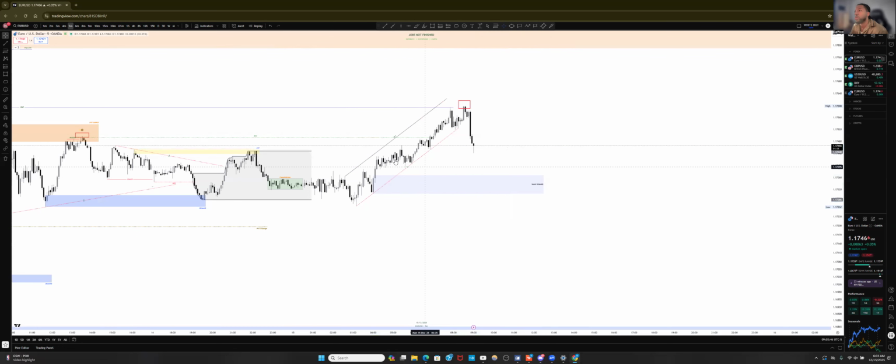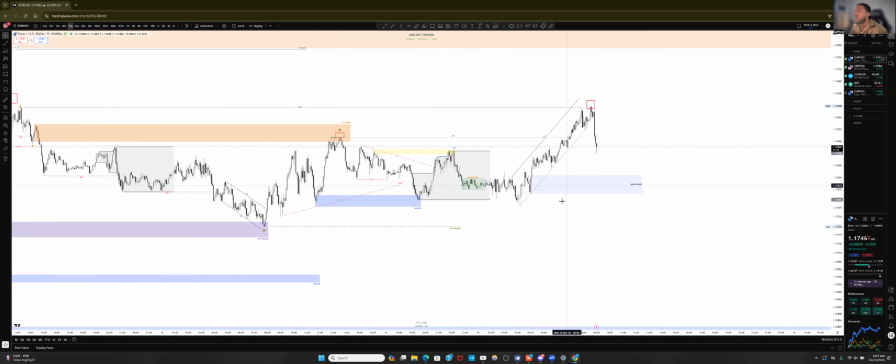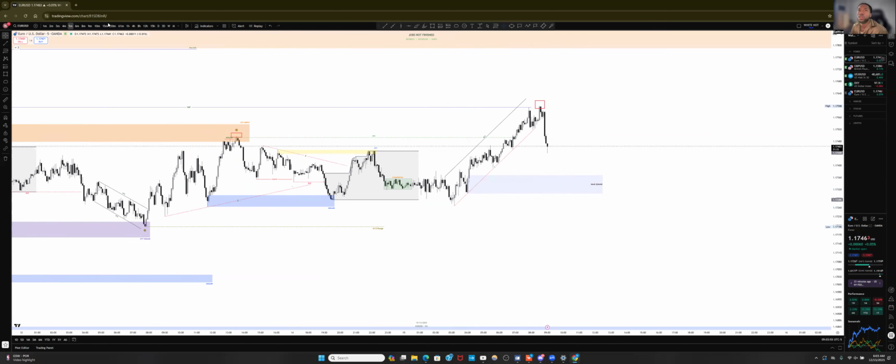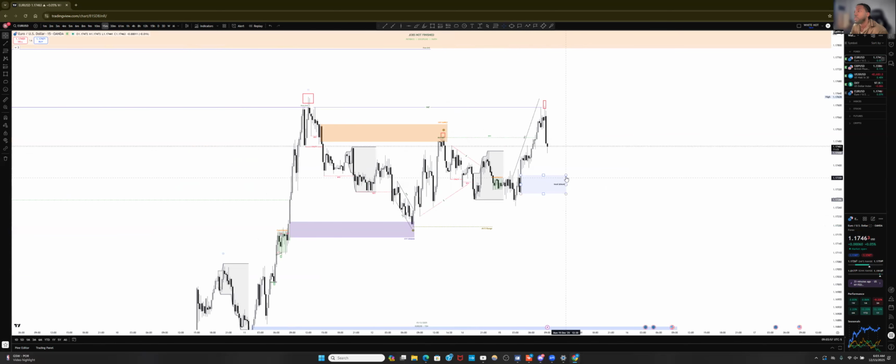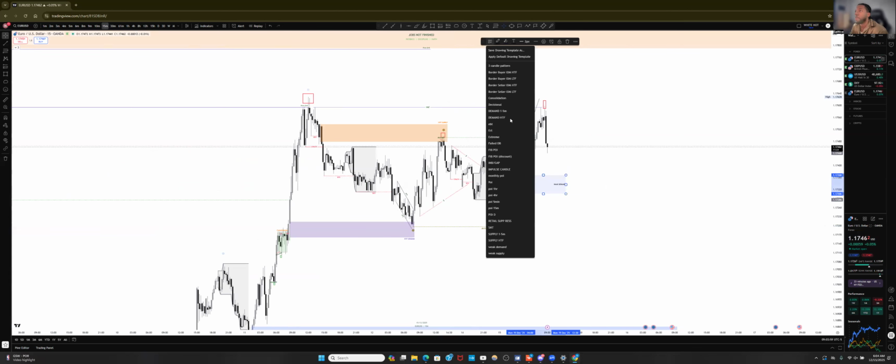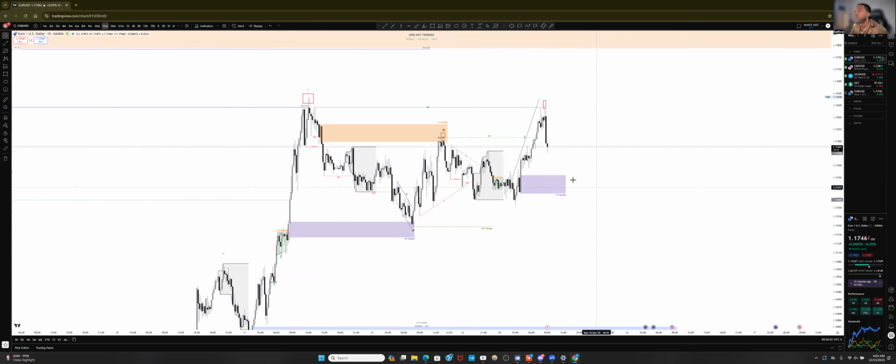That's how the channel works. Price will push down, mitigate this zone, and then push up, which could easily be this zone here. So before I put it as a weak demand, let's first start it off as a high time frame demand. Because if price does give us a setup entry model here, we can take an entry.